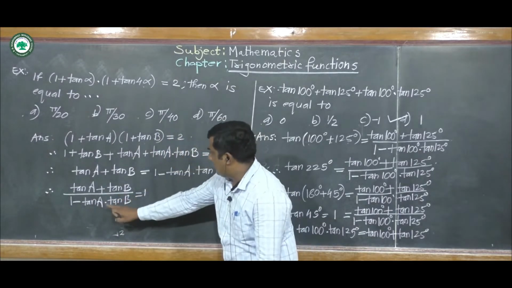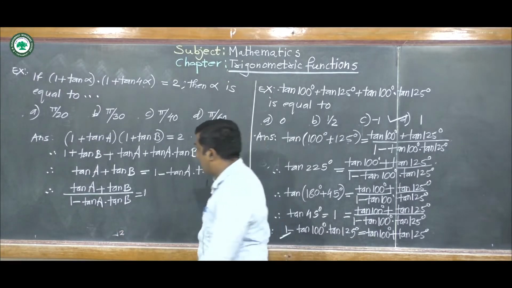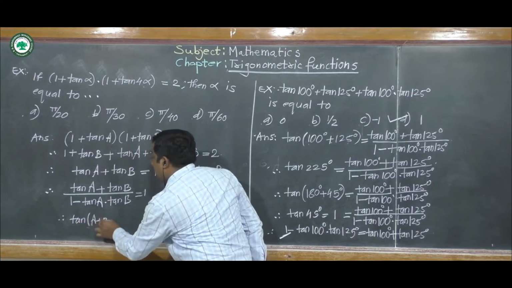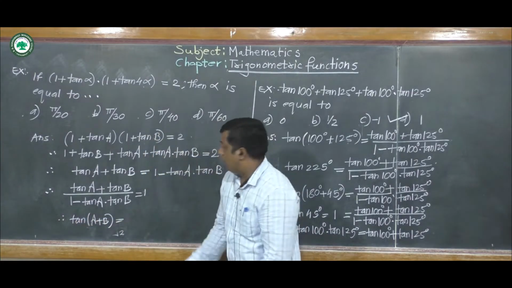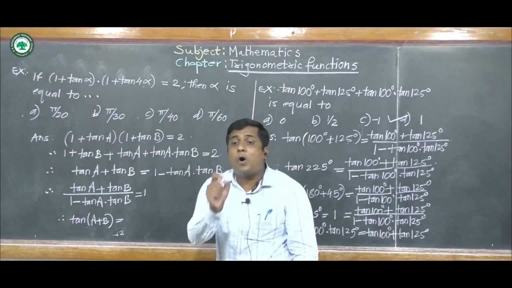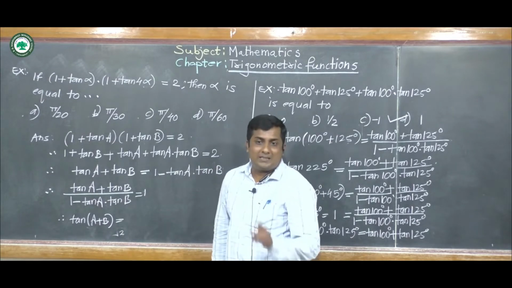Now we know this is the formula for tan of A plus B. So tan of A plus B is equal to 1, and we have to write this 1 in the form of tan, and we know tan pi by 4 is 1.